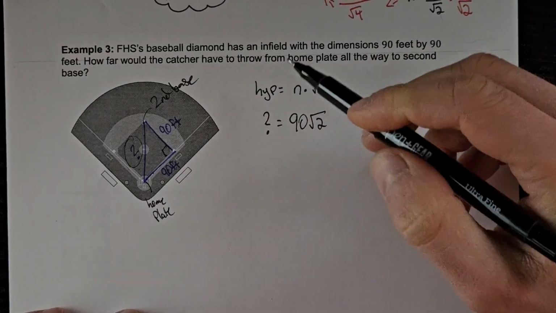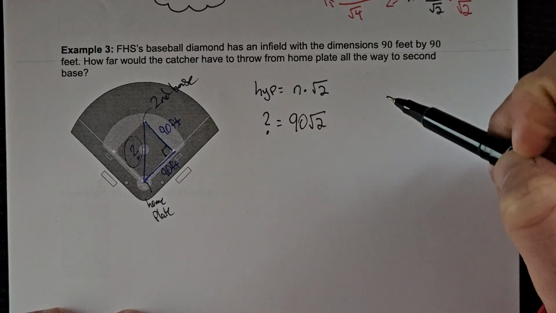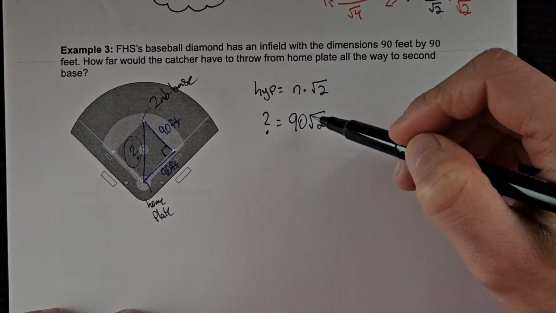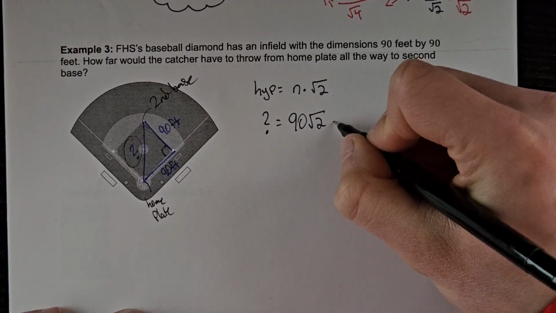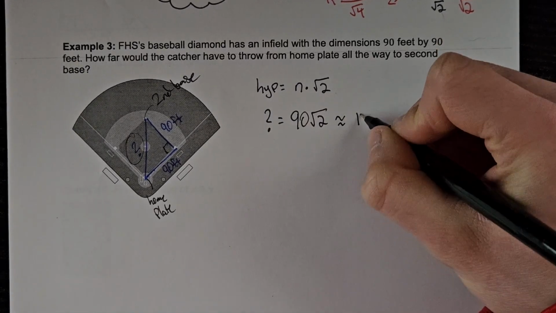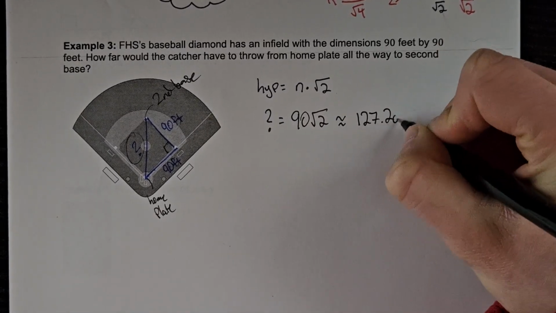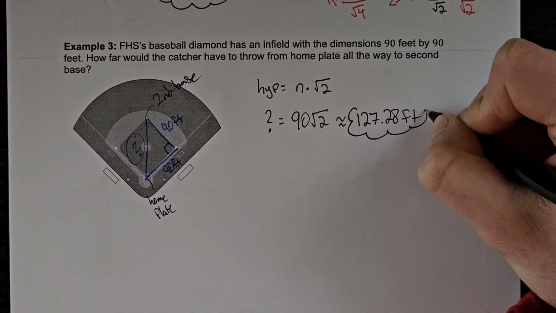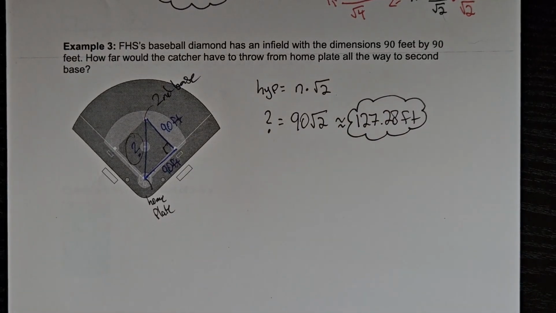And since I'm trying to find out distance, how far the catcher is going to have to throw, I'm going to calculate out 90 times the square root of 2, which is going to give me about 127.28 feet. That's how far the catcher is going to throw from home base to that second base plate. Hopefully they got somebody out that was trying to steal the plate.